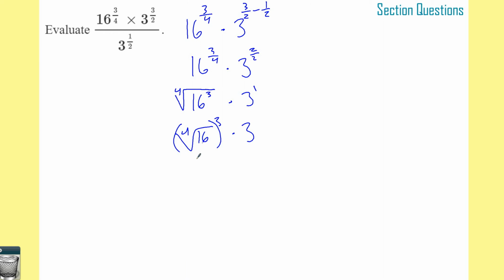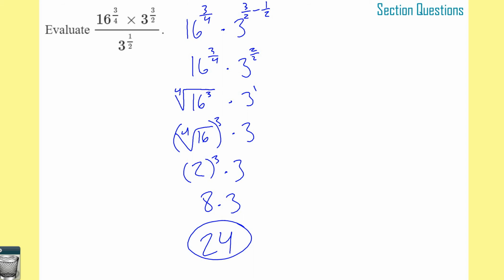So here the 4th root of 16 is 2. 2 cubed is just 8. 8 times 3 is 24. Okay, something that looked that gross was able to become that pretty, right? That's simple. Okay, and we didn't even have to use a calculator, right? So knowing your properties is gonna be great here.